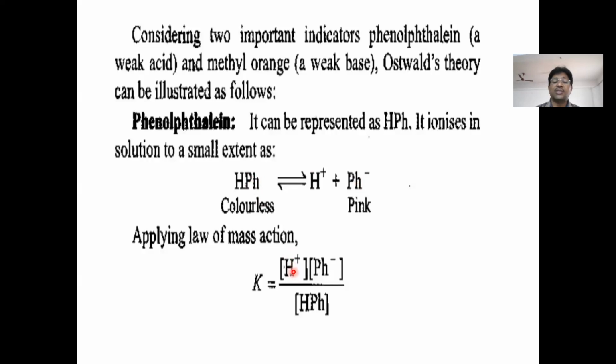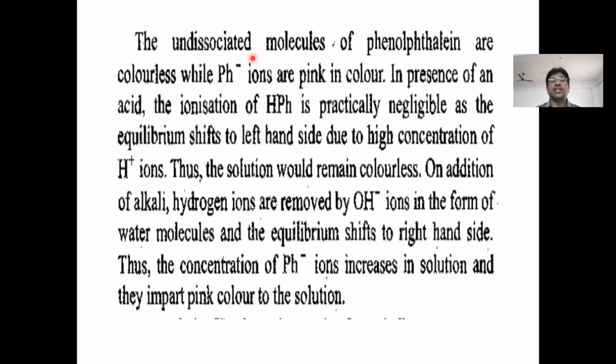So K equals H plus ion concentration into Ph minus ion concentration divided by the undissociated molecular concentration. The undissociated molecules of phenolphthalein, HPh molecules, are colorless, while Ph minus ions, the negative ions of phenolphthalein, are pink in color.